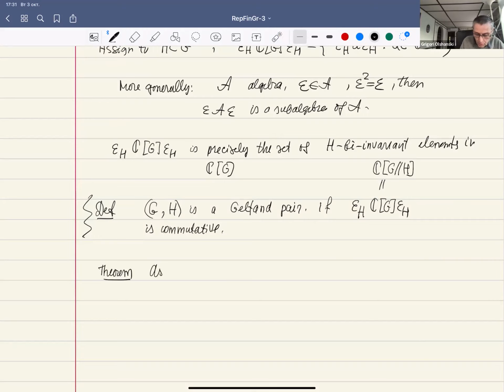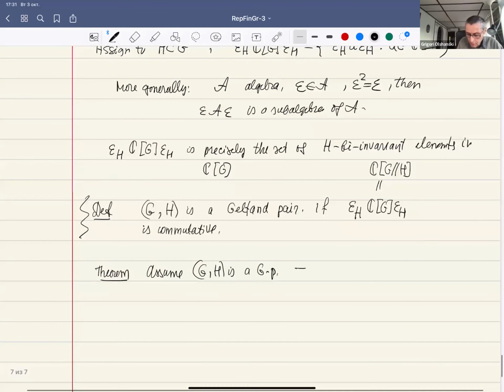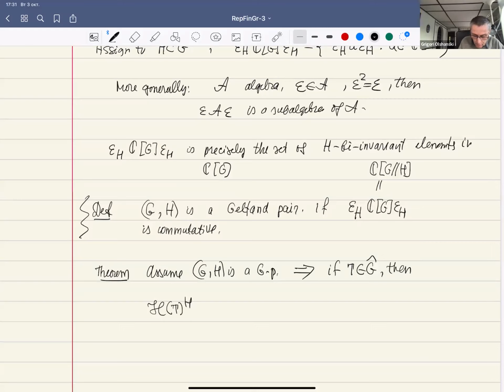So assume GH is a Gelfand pair. Then it follows if T is irreducible, then the subspace of H invariance is either 0 or one dimension.